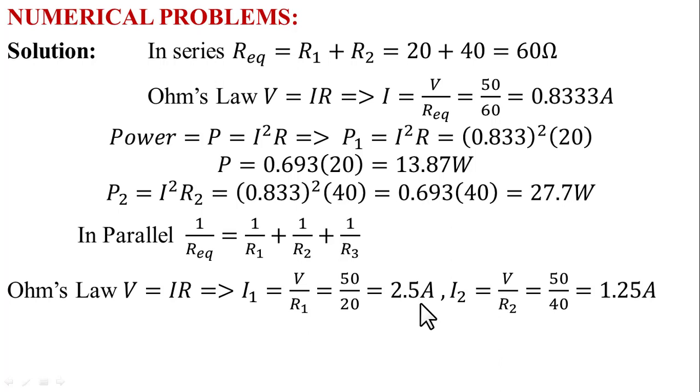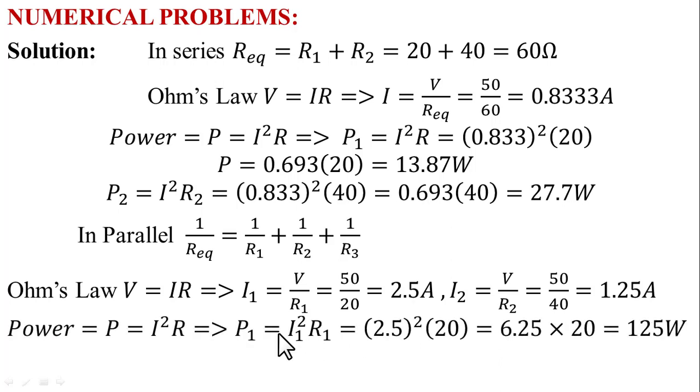So current I1 is equal to 2.5 ampere and I2 is equal to V upon R2. So current I2 is equal to 50 upon 40, that is equal to 1.25 ampere. Now we can calculate the power.